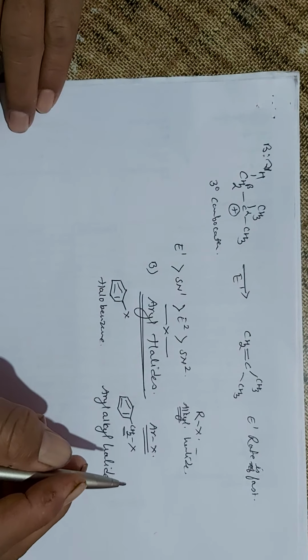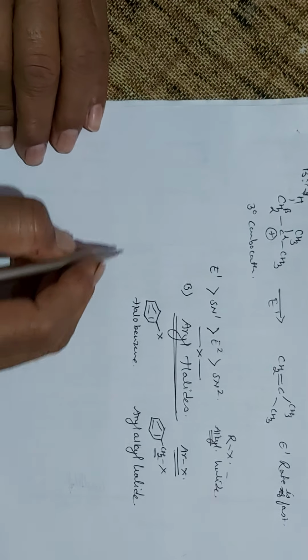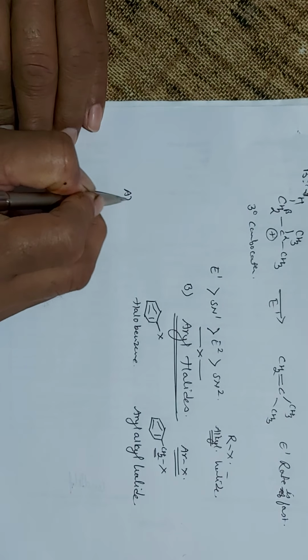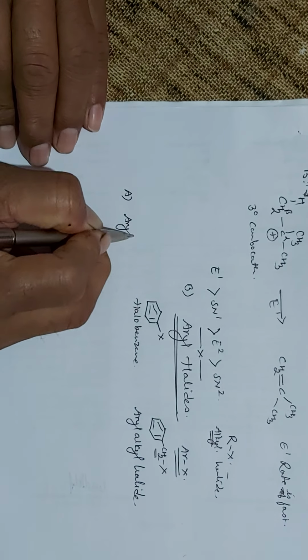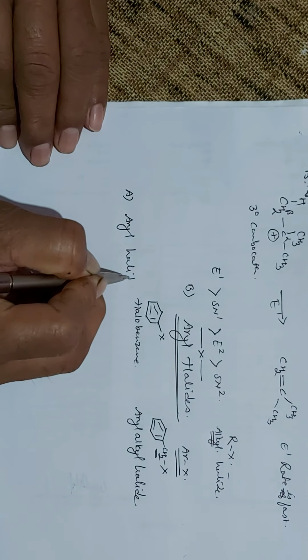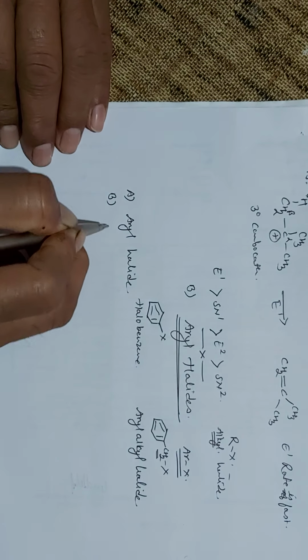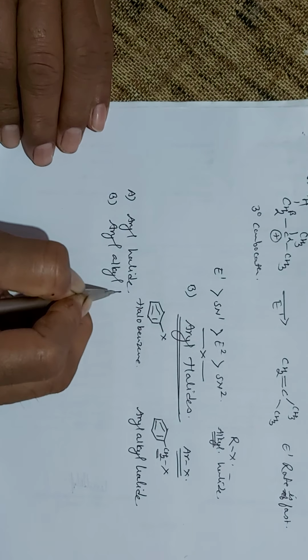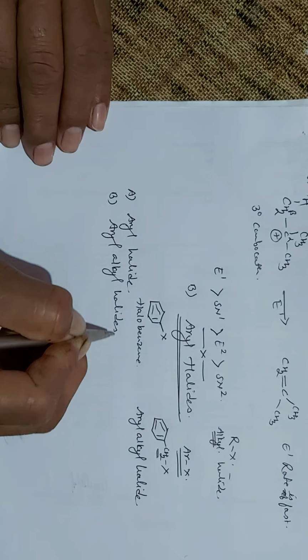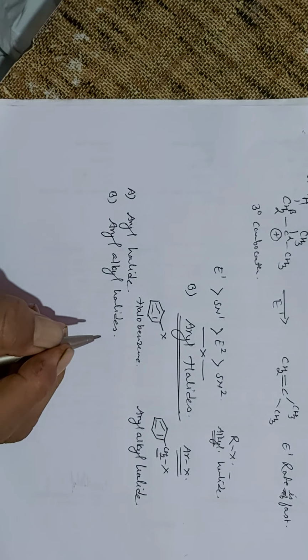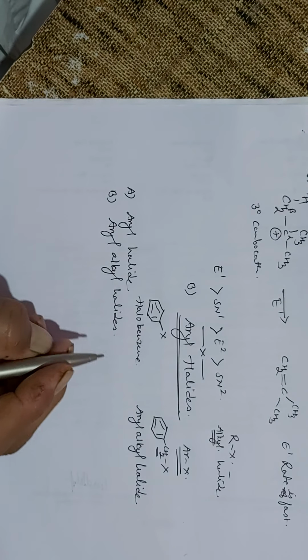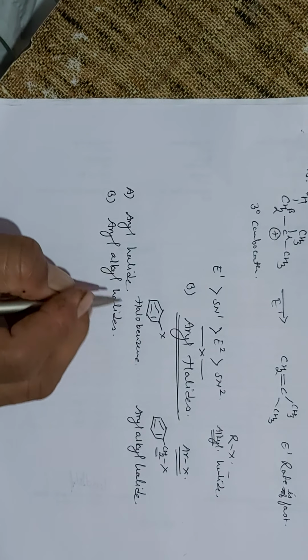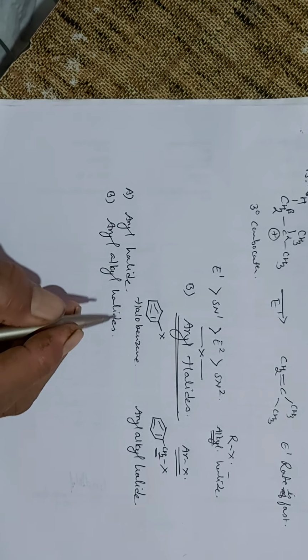And so here we are getting these two types of compounds, that is A, aryl halides, and B, aryl alkyl halides. And there are different types of examples that we can see.